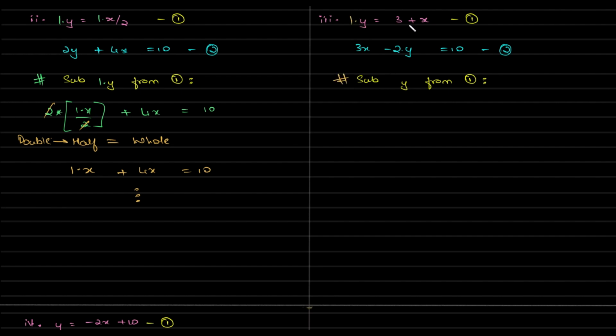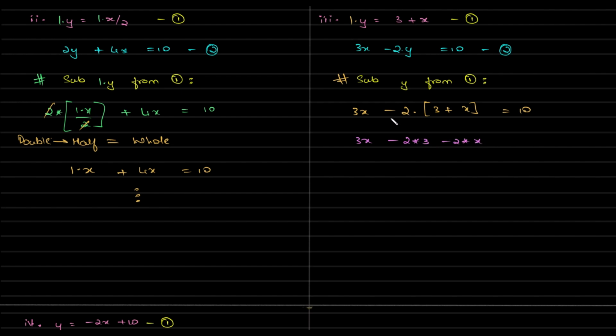So again, you have 1y being equal to 3 plus x, and we're going to substitute in this place. So 3x minus 2 times 3 plus x being equal to 10. So we're looking at 3x minus 2 into all of this. So 2 into 3, minus 2 into 3, minus 2 into x.